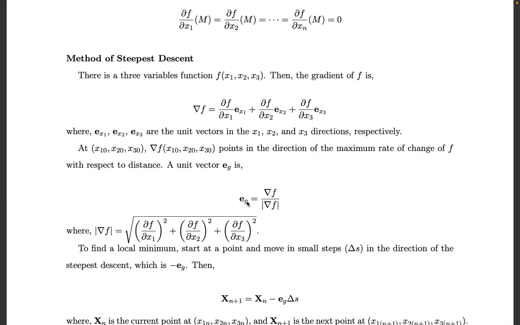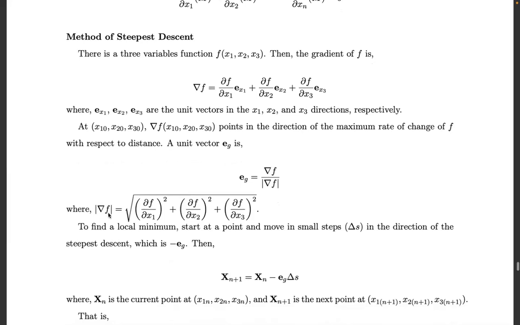The absolute value of the gradient f equals the square root of partial f by partial x1 squared plus partial f by partial x2 squared plus partial f by partial x3 squared. So this calculates the length of the gradient.